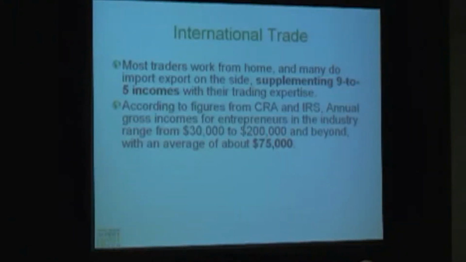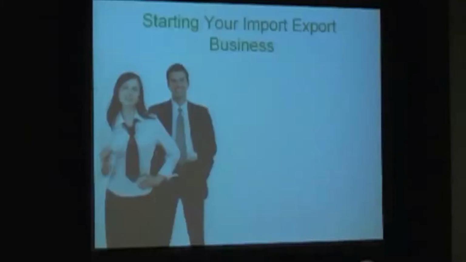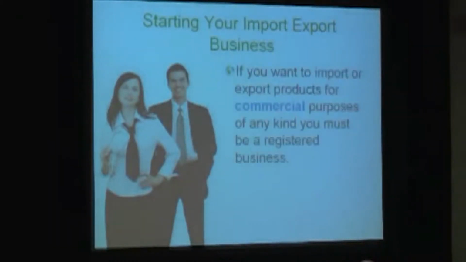So it's something you can do on the side of your regular job. You can get going that way, which is really nice, and that's why it's so appealing to so many people. IRS and CRA report that people who do that as sort of a second income, they make anywhere between $30,000 and $200,000. So we could all use an extra $75,000, right? And there is no reason why you can't do that. I'm not kidding you. There's so many opportunities right now.